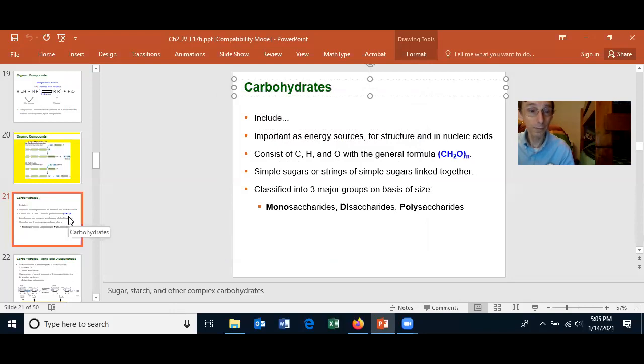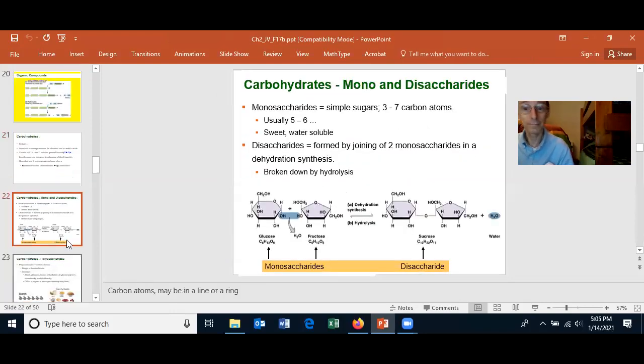So let's talk a little bit more about the carbohydrates. We mentioned that we can break them down into monosaccharides, disaccharides, and polysaccharides. Monosaccharides are called simple sugars. All of them have 3 to 7 carbon atoms, but usually sugars have 5 or 6 carbon atoms, like glucose and fructose.